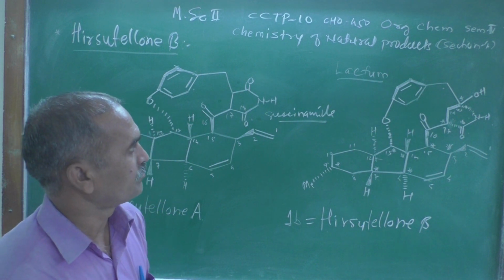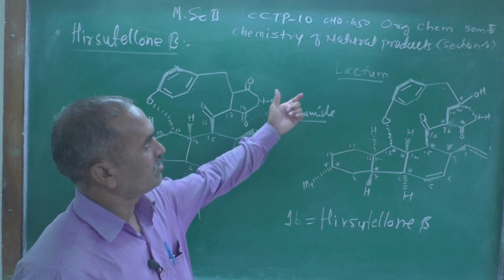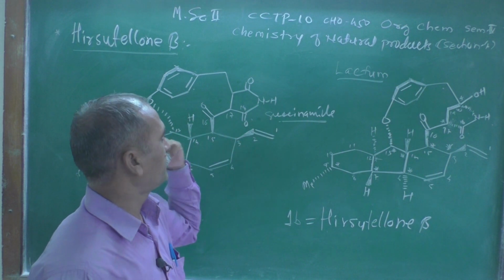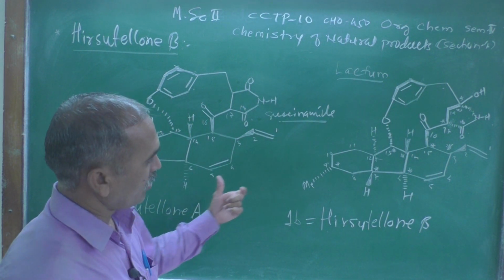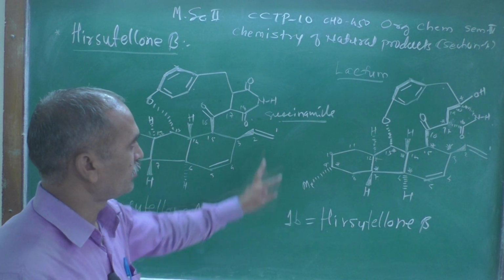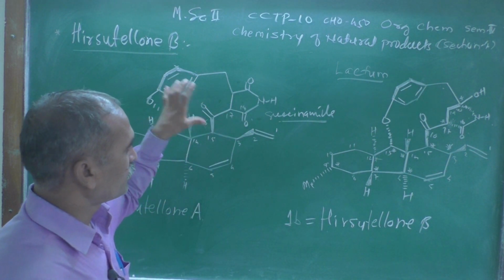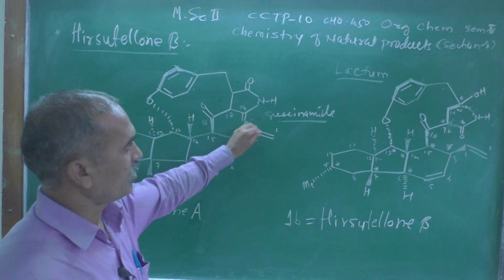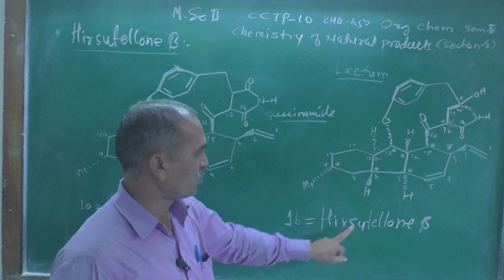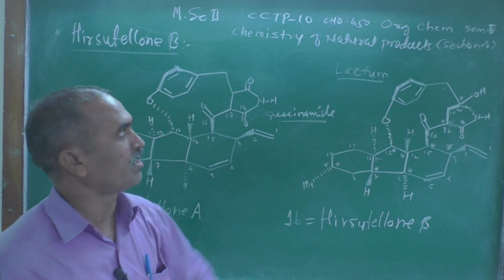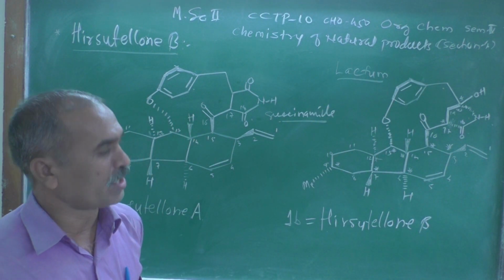And also the main difference between Hirsutellone A and Hirsutellone B: Hirsutellone A contains a succinamide moiety, whereas Hirsutellone B contains a lactam moiety.